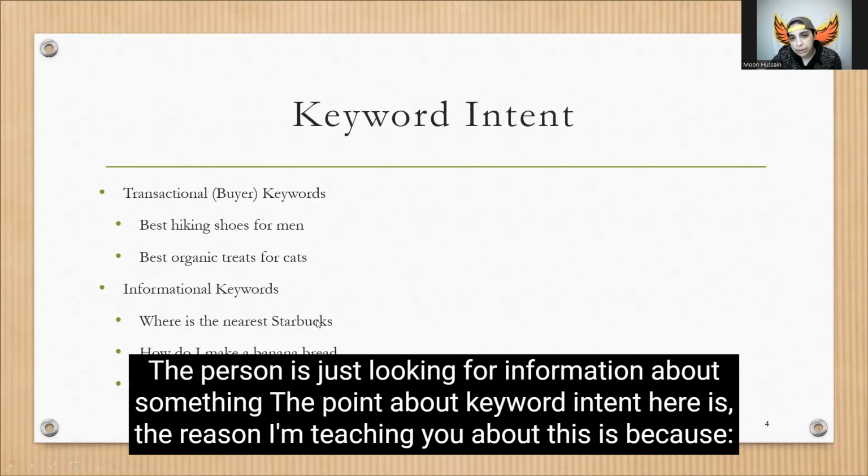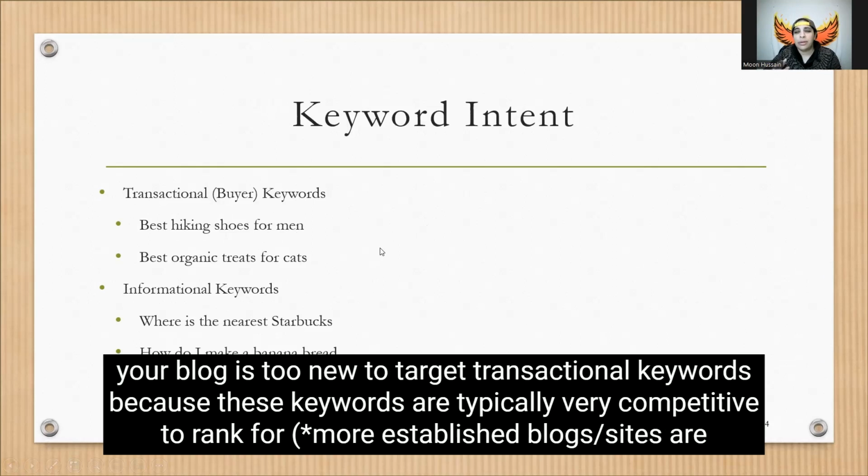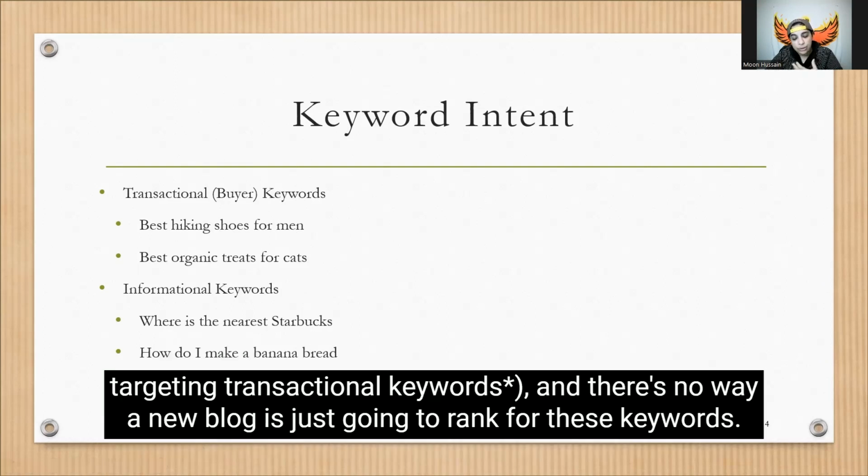The point about keyword intent here, the reason I'm teaching you about this, is that your blog is too new to target transactional keywords, because these keywords are typically very competitive to rank for. And there's no way a new blog is just going to rank for these keywords.